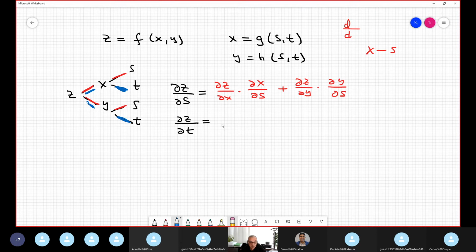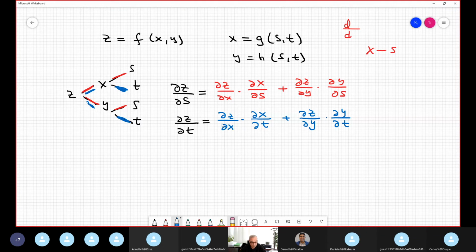So the partial of z with respect to x times the partial of x with respect to t, plus the partial derivative of z with respect to y and the partial derivative of y with respect to t. Okay, these are the formulas.